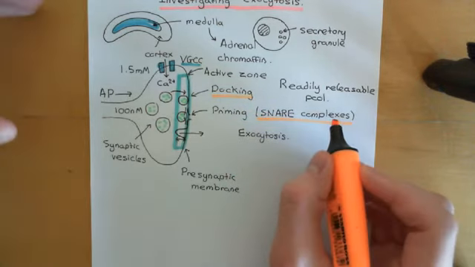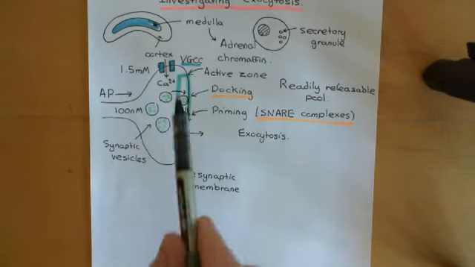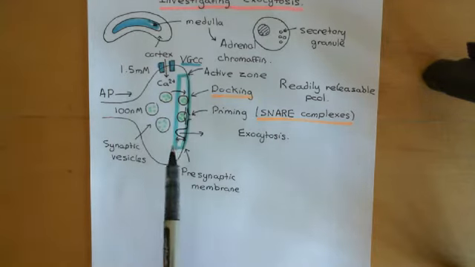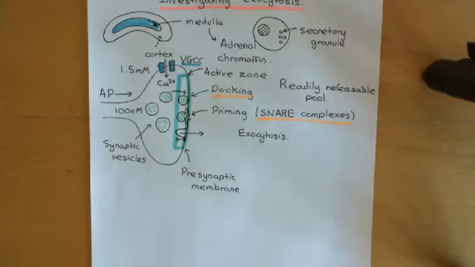Which snare proteins are involved in the formation of those snare complexes? Or even, what is a snare protein will be the first question we want to ask. And then we'll look at how, when the calcium signal arrives, that causes the vesicle to go from just being primed to actually fusing. Okay, so we're going to look at all of that.